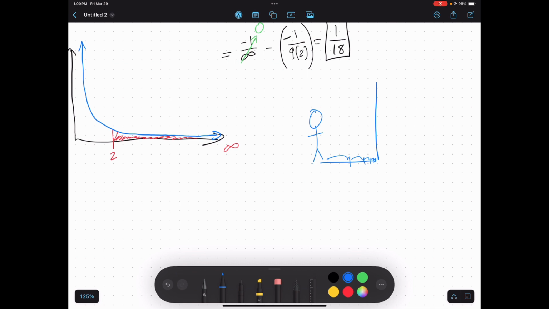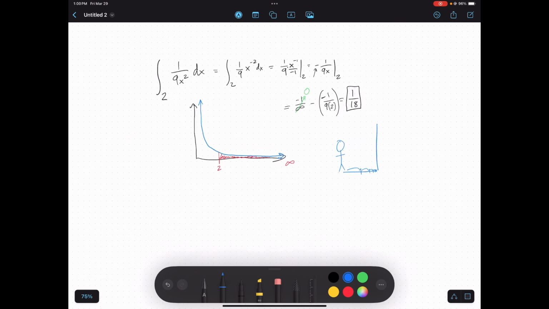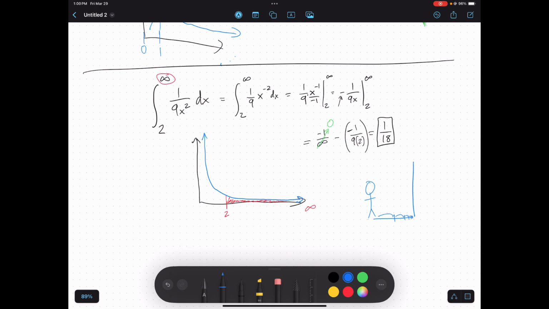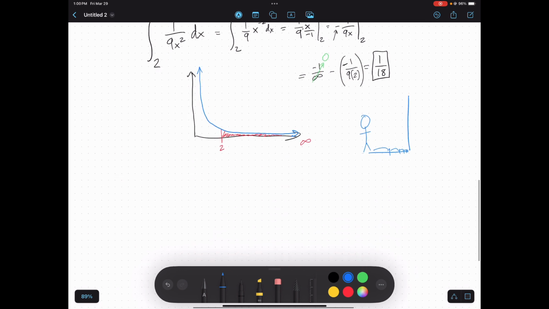So even though I'm doing an infinite number of steps, I'm still only going a finite distance. So that's how these integrals work. Even though my integral goes to an infinite value, the area under the curve still ends up being finite. One of these really cool phenomena with improper integrals.